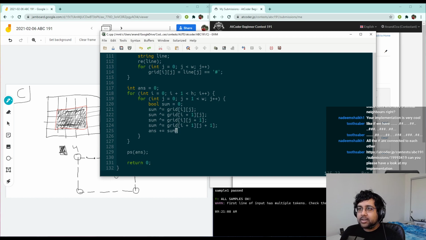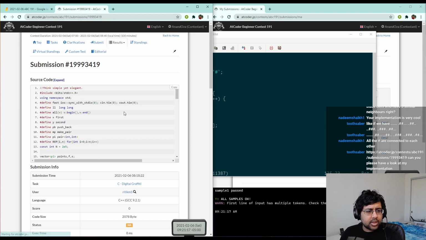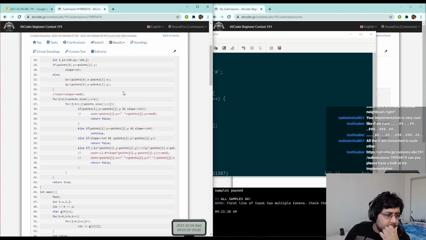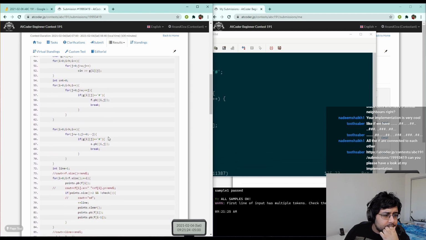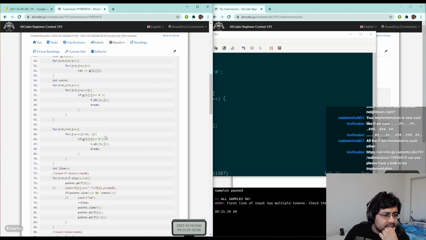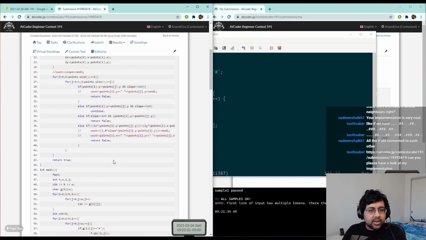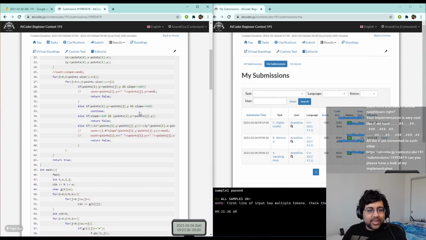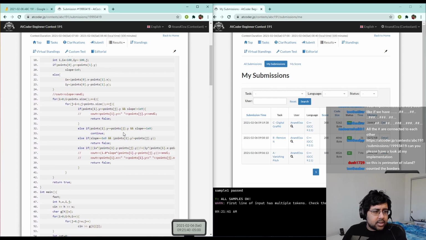Alright, I guess I'll look at this implementation. Well, okay, let's see. What? Yeah, this is so long. This is how I was gonna do it if I were not given that hint, at least I think it is.